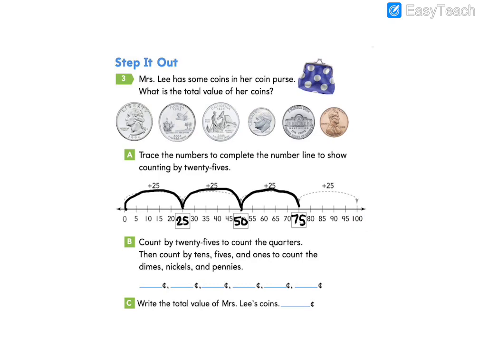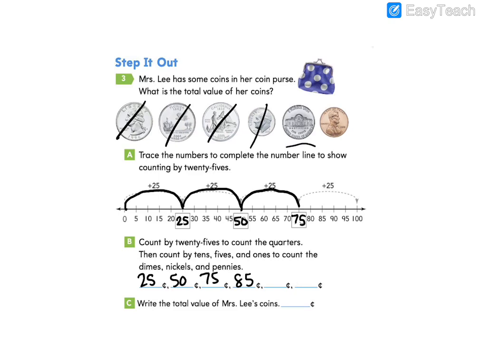Do we have another quarter here? No, we don't. The next thing we have is a dime. So let's go ahead and put our quarters here. 25, 50, 75. Our dime is next. 10 more than 75 is 85.